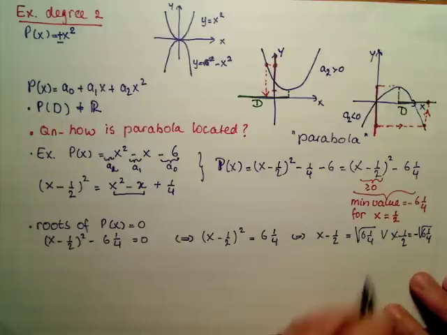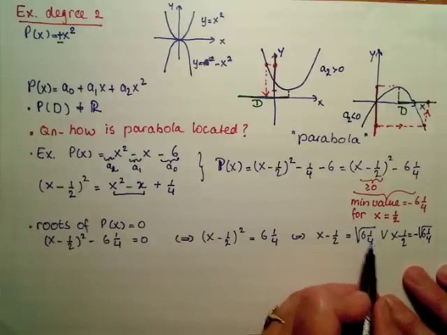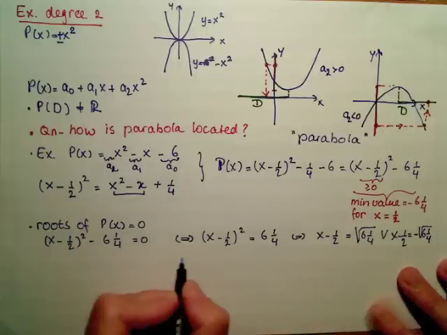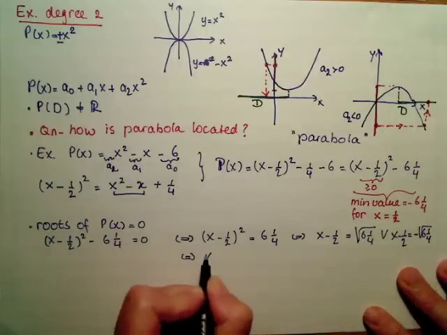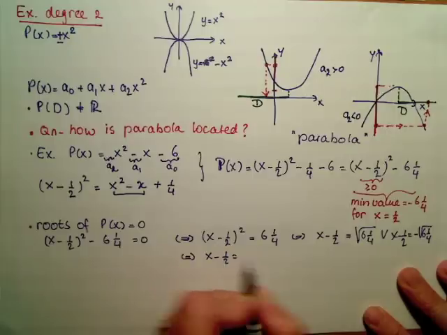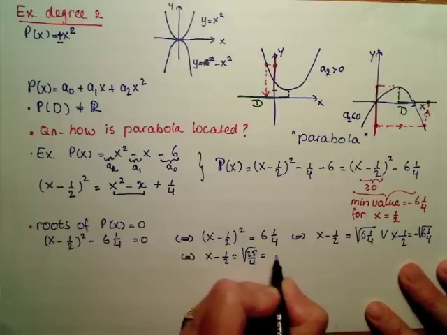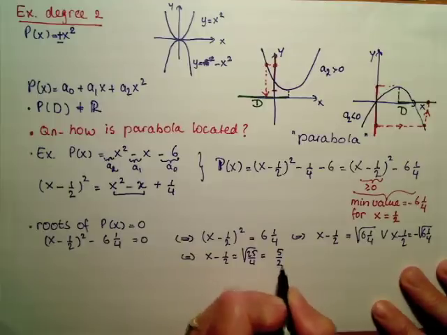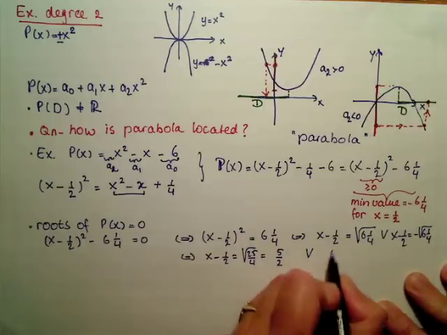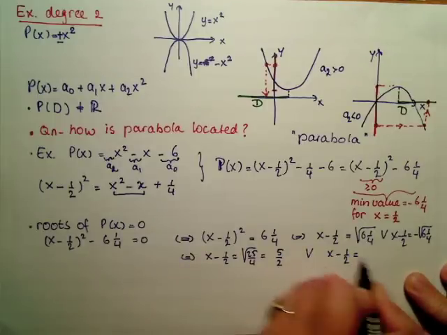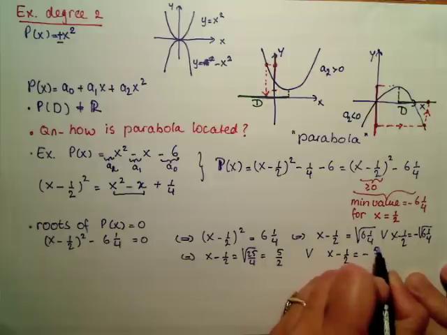Now if you calculate it, 6 1/4 is 25 over 4. So we have that x minus 1/2 is equal to the square root of 25 over 4, which is equal to 5 over 2, or it is minus this root, so minus 5 over 2.